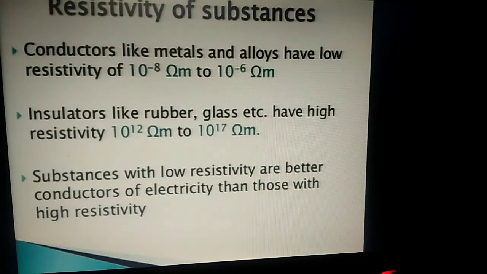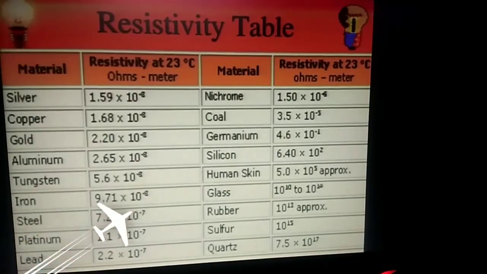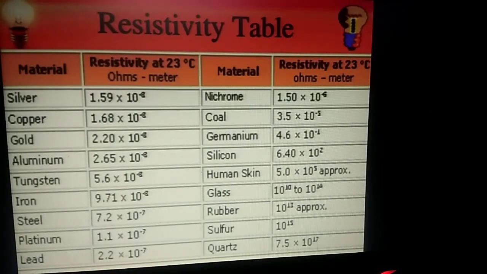Substances with low resistivity are better conductors of electricity than those with high resistivity. This is called the resistivity table. When you observe, the one with the least value is a very good conductor, or the best conductor. When you see in this resistivity table, silver is the best conductor of electricity.